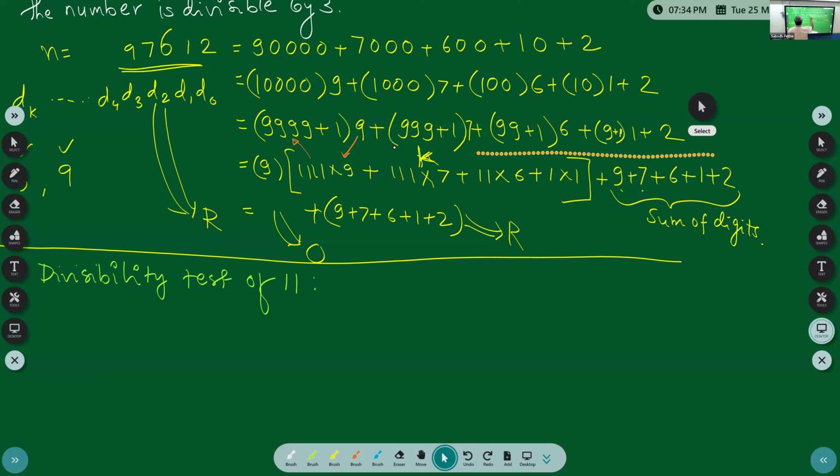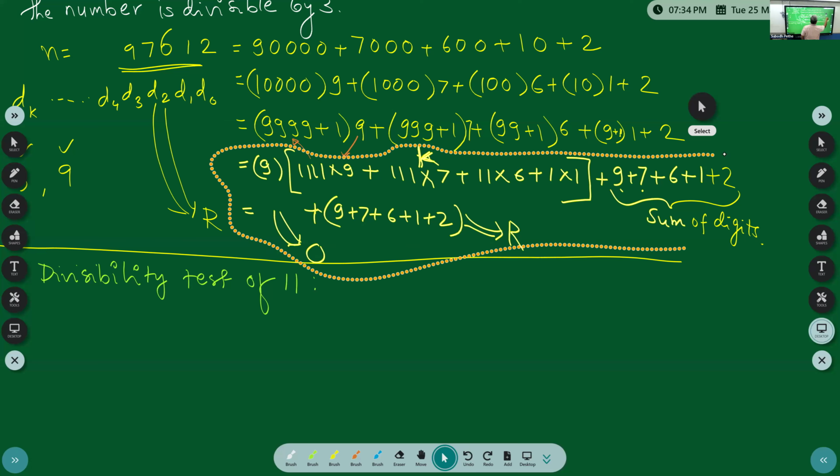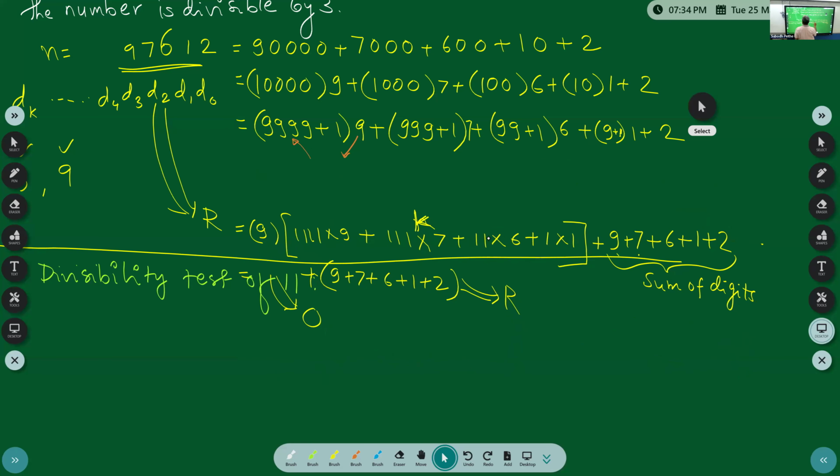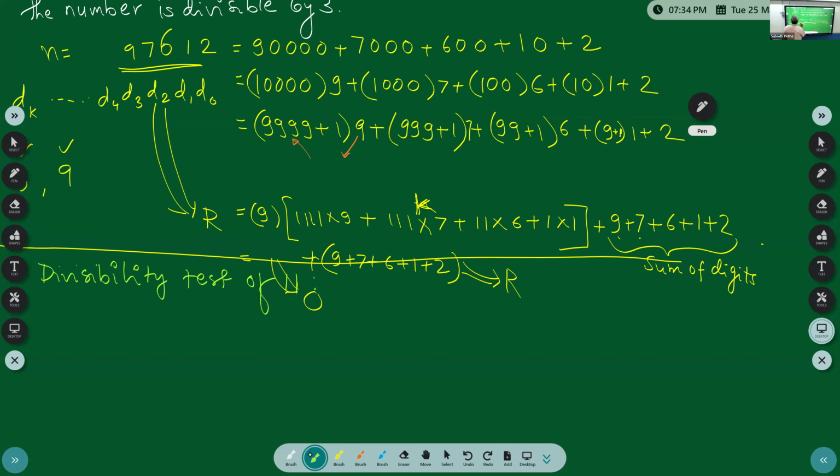Fully technologically, I can do that. 9 into 1111 plus 1 into 9 plus 9 into 111 plus 1 into 7 plus 11 plus 1 into 6 plus 9 into 1 plus 1 into 1 plus 2.